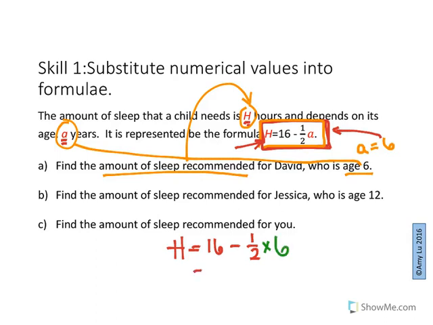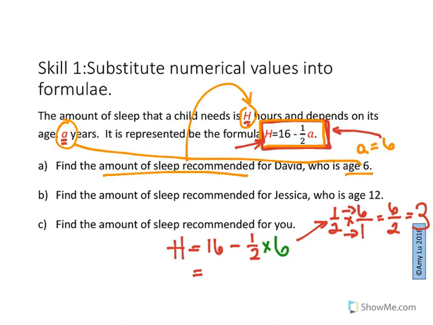Now, in previous chapters, we've worked on multiplying fractions, and so we know that 1/2 times 6 is the same thing as saying 1/2 times 6 over 1. So that makes 6 over 2, because we multiply straight across, and 6 over 2 simplifies down into a 3.